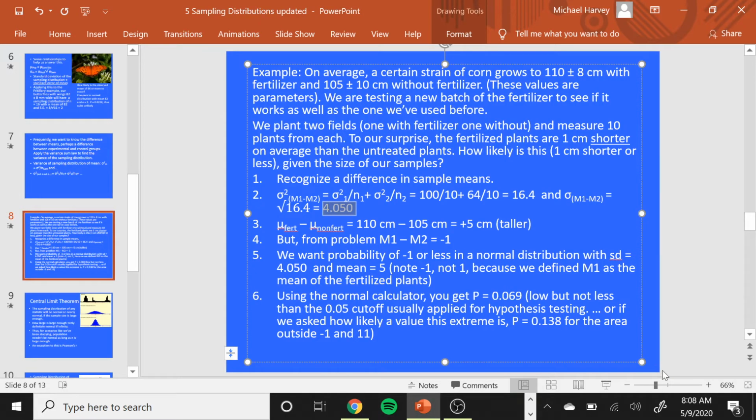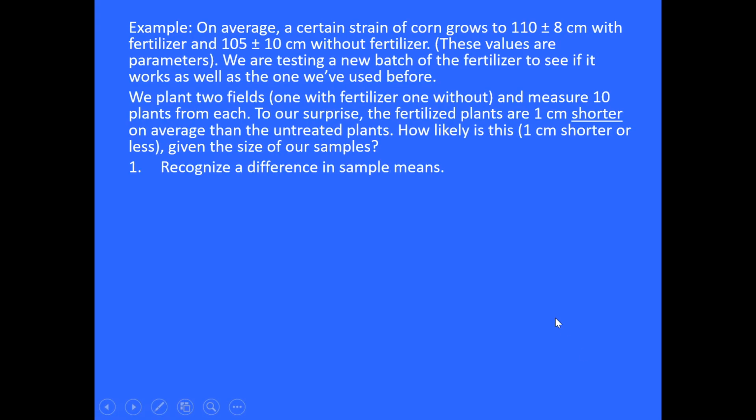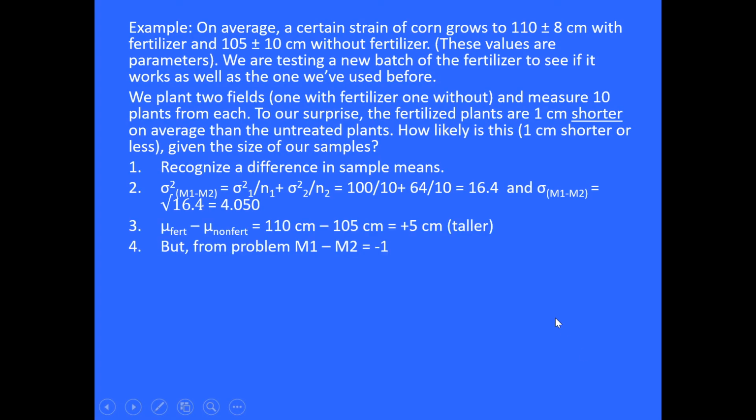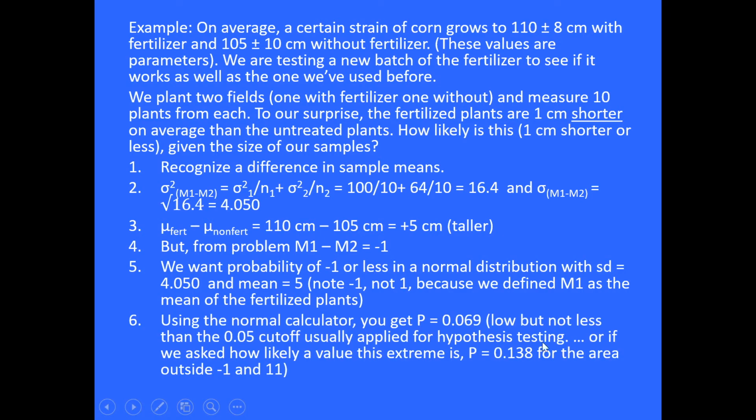All right. So what do we conclude based on this? Using the normal calculator, you get a probability of this occurring of about 0.069. This is low, but it's not as low as the 5% cutoff that's usually used. So most people would say it could have happened by chance.